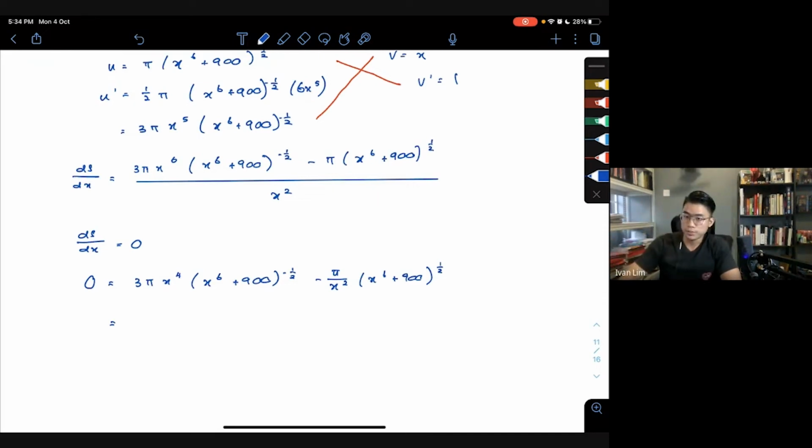Okay, go and simplify this. The main thing is that you make it into one fraction, so you can solve the equals to 0.